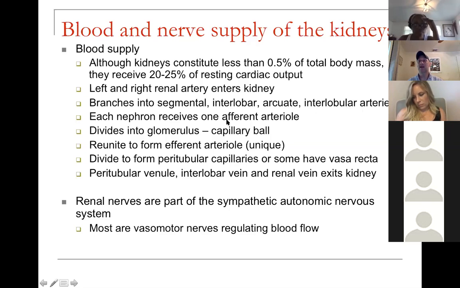Remember back inside chapter 21, we said a capillary bed has an arteriole. Well, our nephron will have one arteriole traveling to it. That one arteriole is going to be where we actually diffuse materials out of the plasma of our blood and into the capsule. And here's the tricky part.